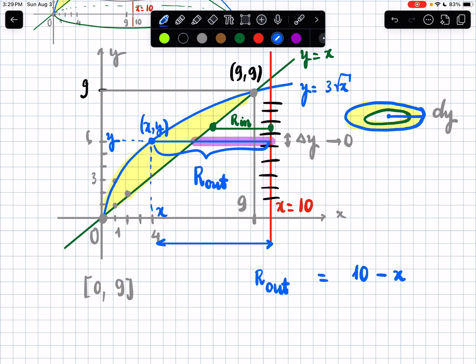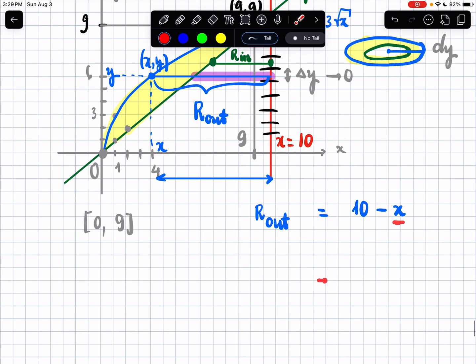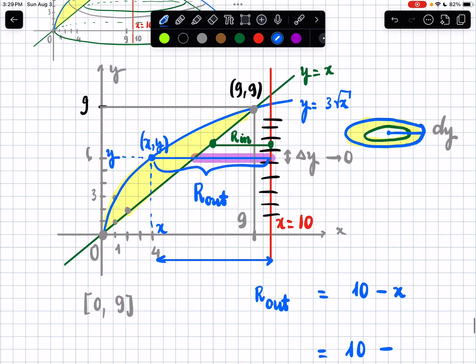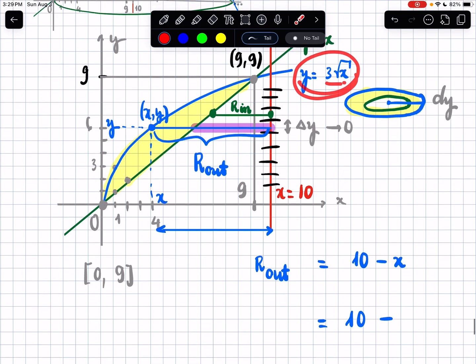Since we are talking about the integral in terms of y, so we are doing dy here, we want to write down this outer radius as a function in terms of y. So in our case, 10 minus x equal to 10 minus, we're going to write x in terms of y. So here we have 3 square root of x equal to y.